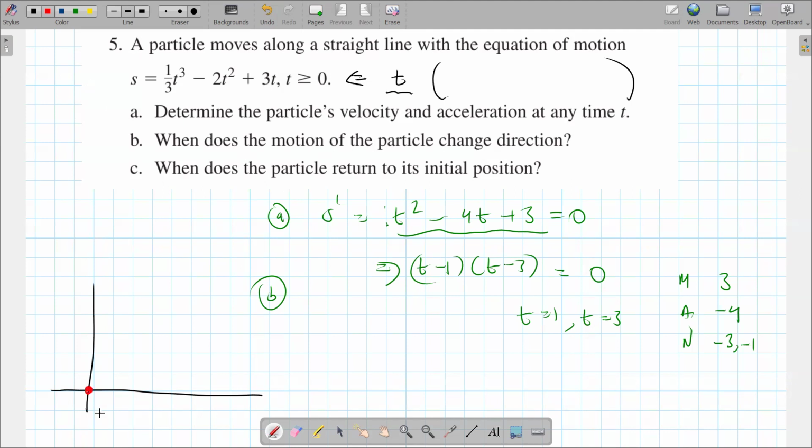So at time equals 0, he's here. And then we don't have the other two x-intercepts. So this will be this, minus 2t plus 3. I'm going to find this point and this point, so let's set this equal to 0.